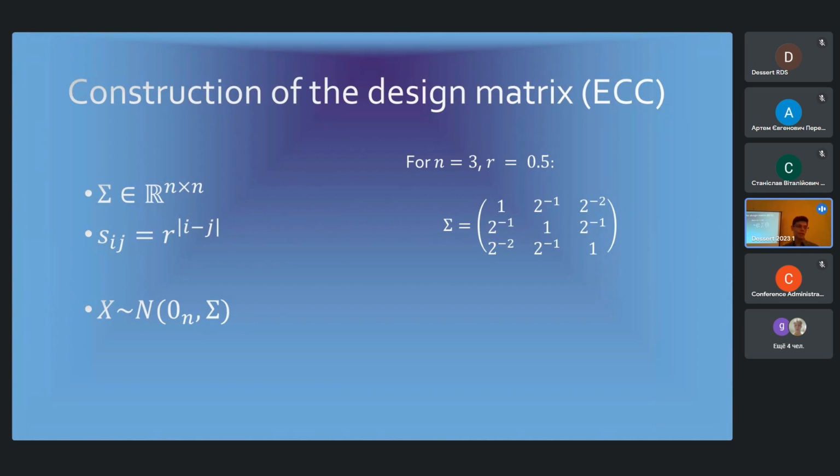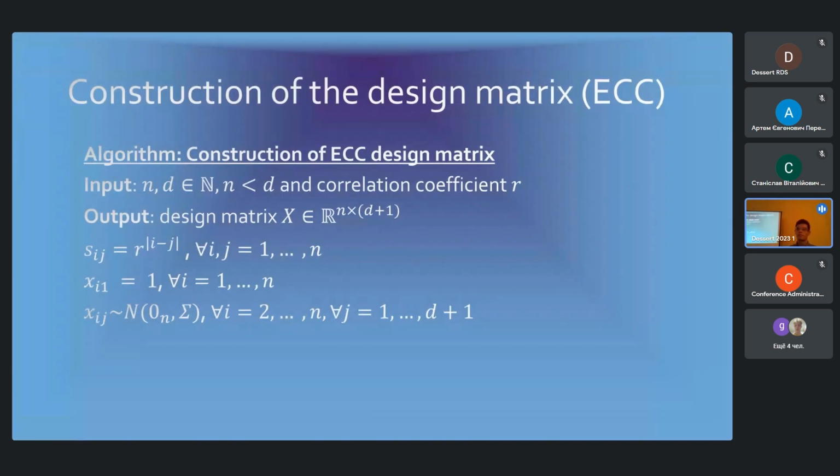Additionally, we also have a second method for constructing the data matrix. That's called the element correlated covariates, and we start with a square matrix, which has the property that is shown on the screen, and we use that matrix to calculate X. This is the algorithm for the already described method.